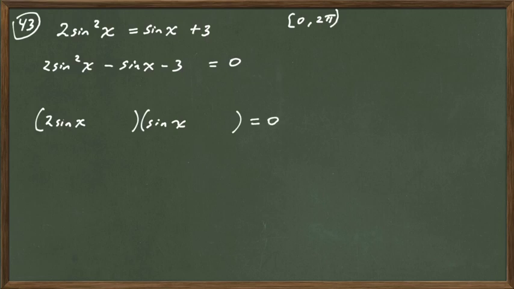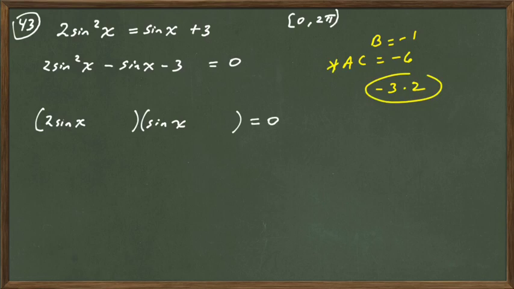So to get 2 sine squared, you have to have 2 sine times sine. In this case, a times c is negative 6 and b is negative 1, so you use these because they multiply to negative 6 and add to negative 1.